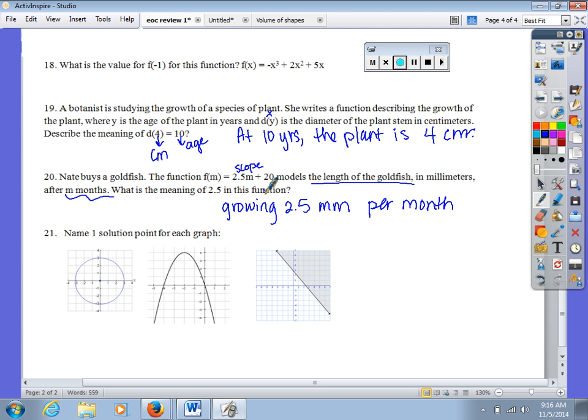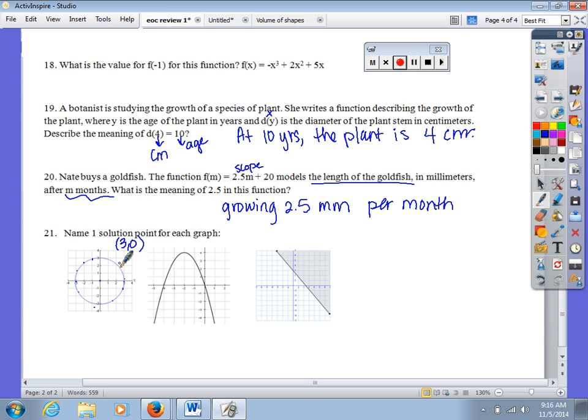Okay, number 21 just wants you to name one solution point for each graph. A solution point is anything that is located either on the line or in the shaded region if it's an inequality. So any solution point for the circle would be any point that's on the line. Here, one solution point could be 3, 0, or 0, -3, or 0, 3, or any of these points.